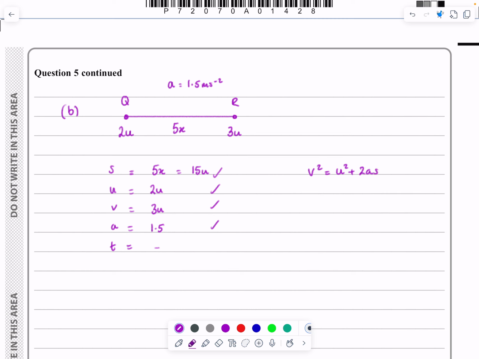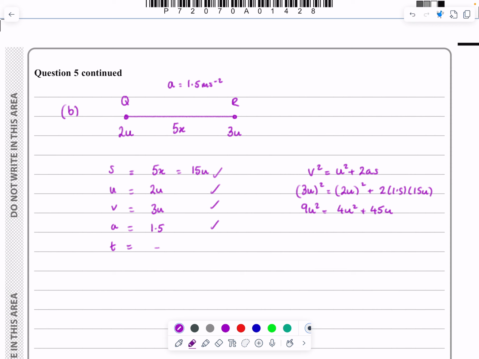So if I put that in, I'm going to get a quadratic in terms of u. So let's see what we get. We're going to get (3u) squared is equal to (2u) squared plus 2 lots of 1.5 lots of this 15u here. So let's tidy that all up. That's 9u squared, that's 4u squared, and that's 45u.